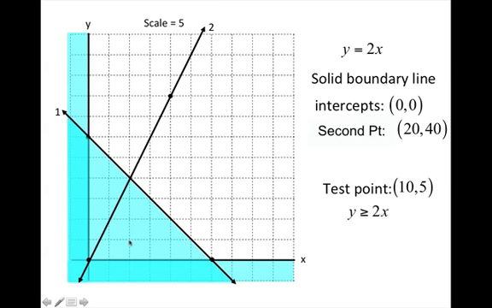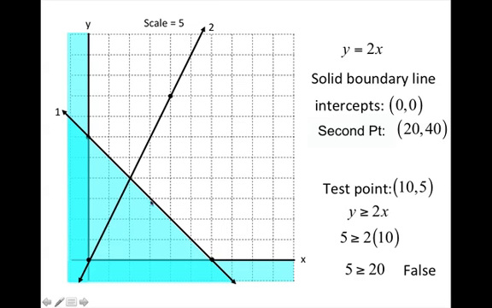Well, if I go to my original inequality, I get y is greater than or equal to 2x. If I plug in the 5 for the y and the 10 for the x, I get 5 is greater than or equal to 2 times 10. So 5 is greater than or equal to 20. That's false. So this point 10, 5 is false.